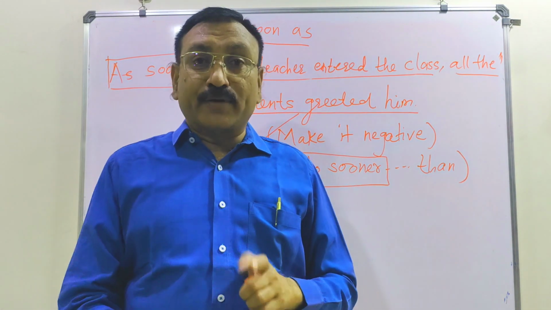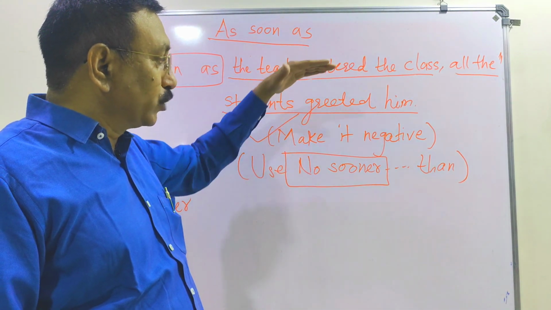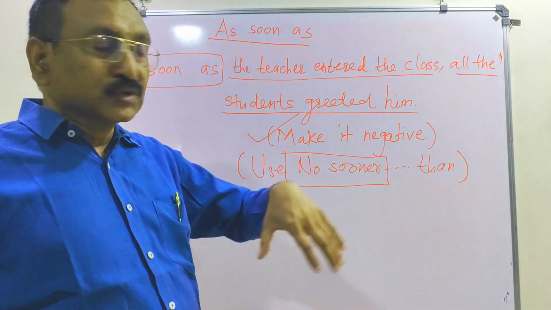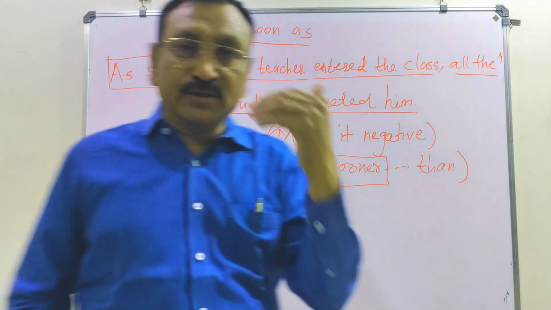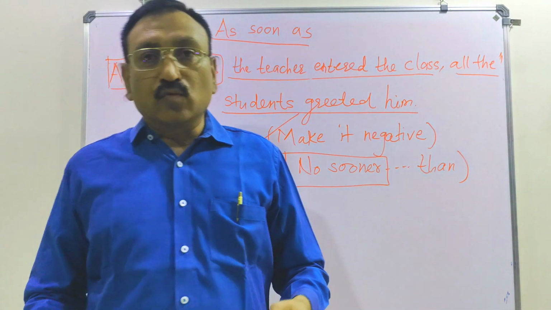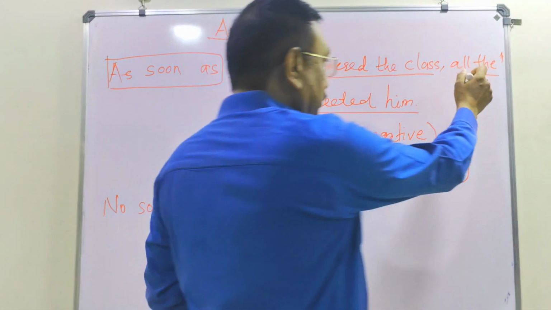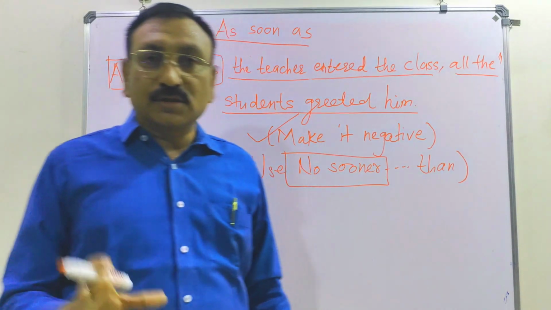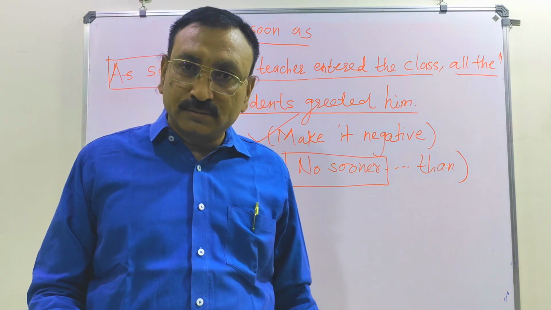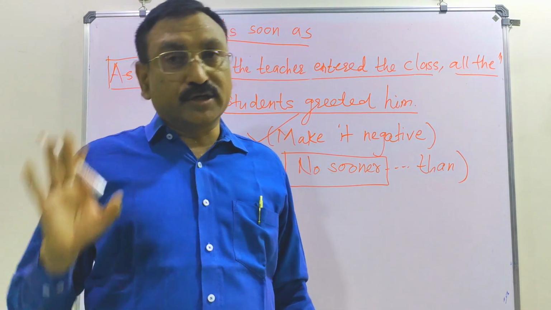Let me also clarify, while transforming this affirmative sentence into a negative sentence, or while replacing the conjunction as soon as with no sooner, we do not make any change in the second clause. The second clause remains unchanged.